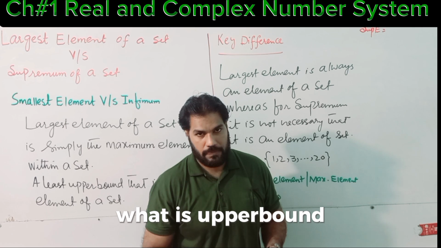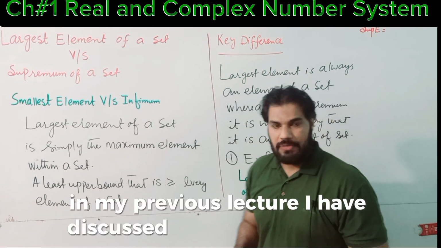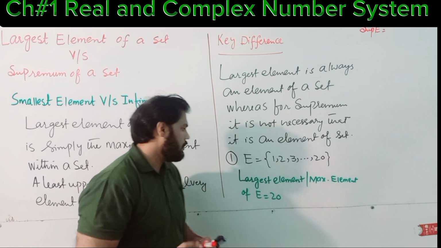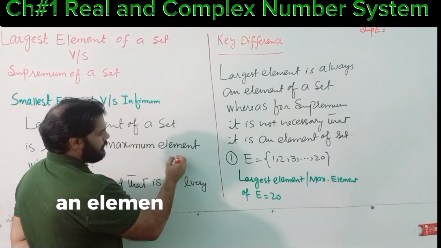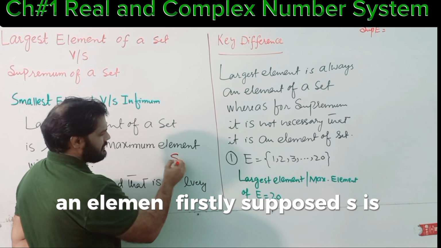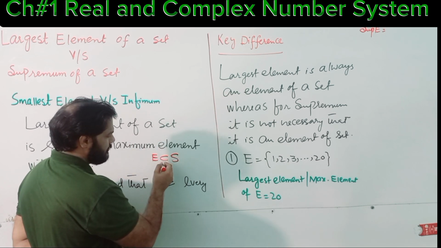What is an upper bound? In my previous lecture, I discussed that, suppose S is an ordered set and E is its subset.